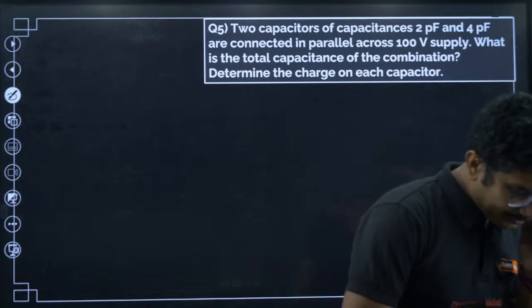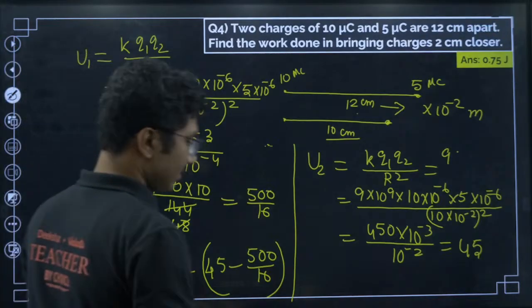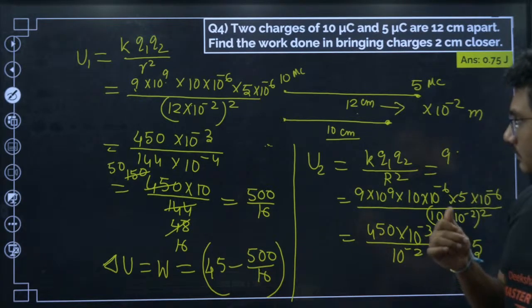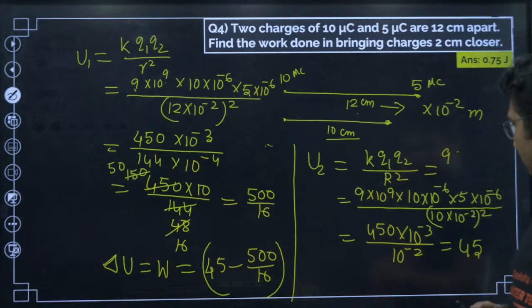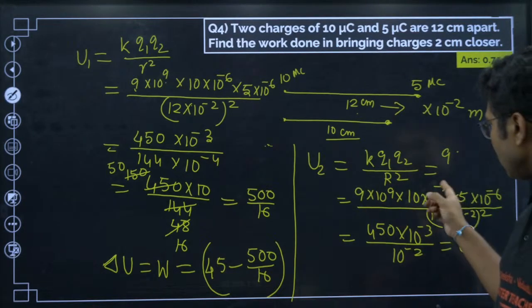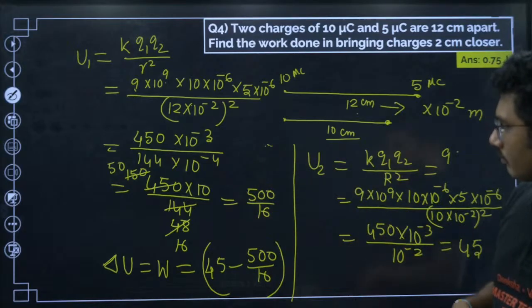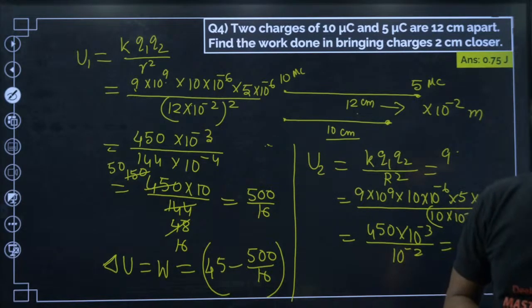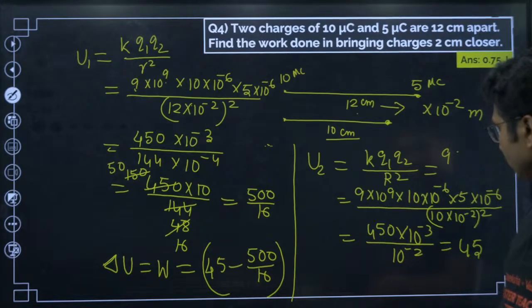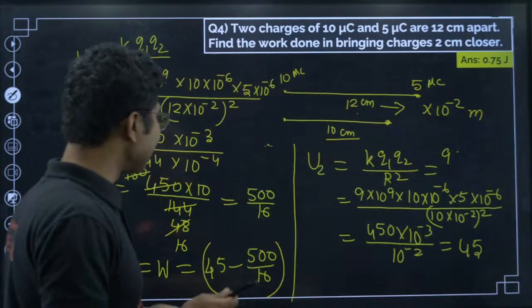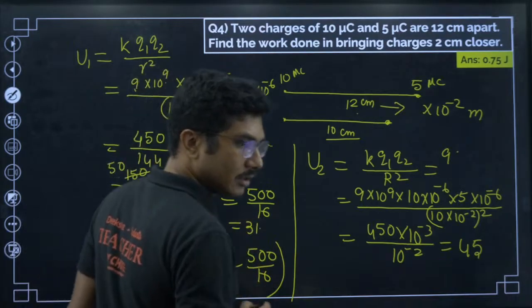Sufia is saying minus 41.875. Let us see. 500 by 16 is 31.25.